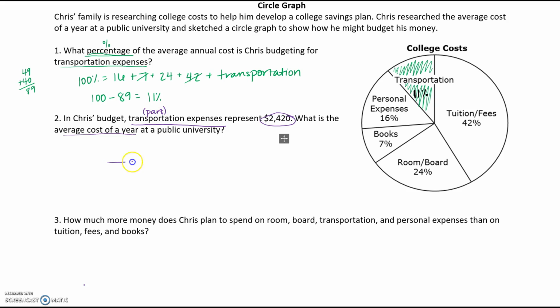So if I think about my proportion, transportation is a part. Then it says, what is the average cost of a year? The average cost of the year would be my total, right?